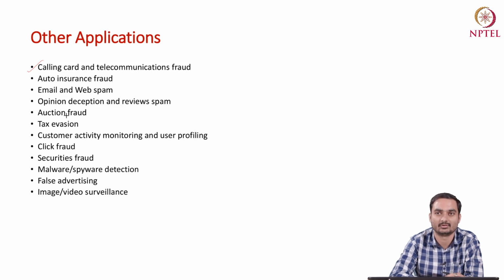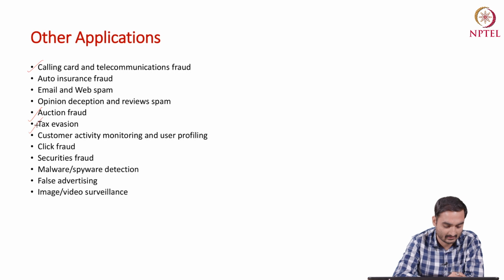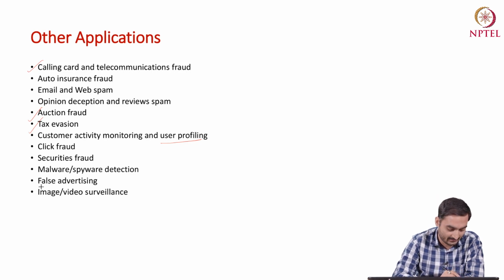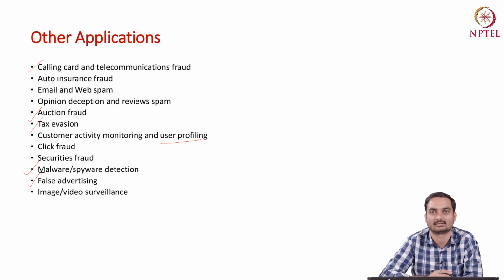Even people who do not buy products write reviews. Auction fraud, tax evasion, customer activity monitoring and user profiling. Fraud clicks, clickbait is something which again is under the broad umbrella of outlier detection. Then malware and spyware detection, false advertisement and image video surveillance, all these applications come under the broad umbrella of anomaly detection or outlier detection.